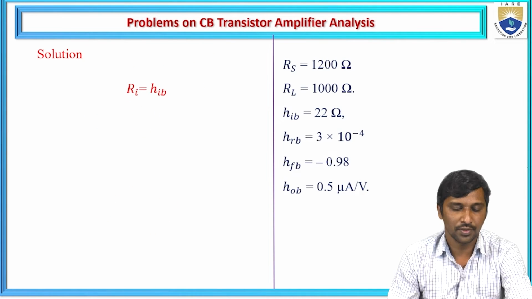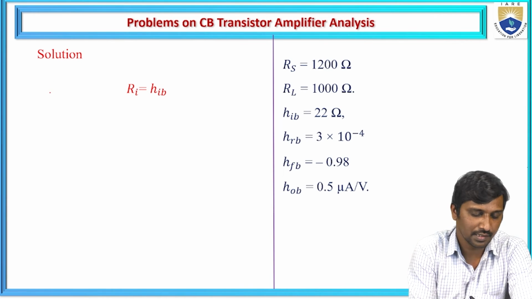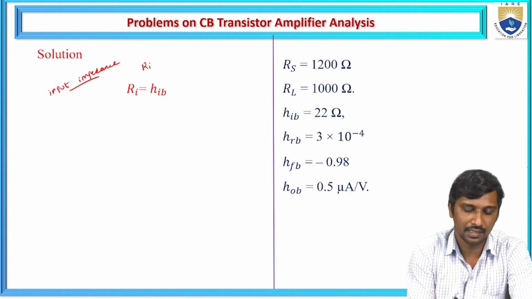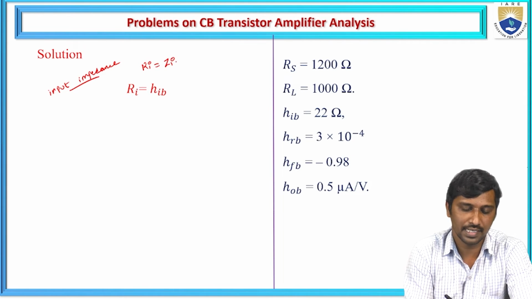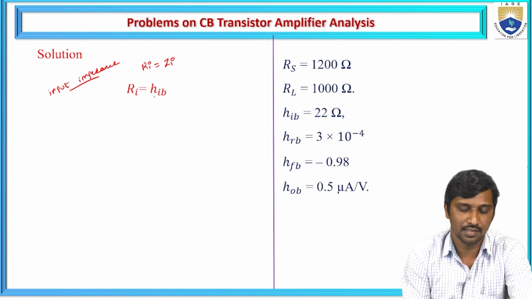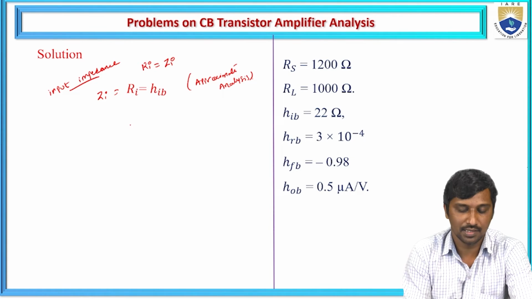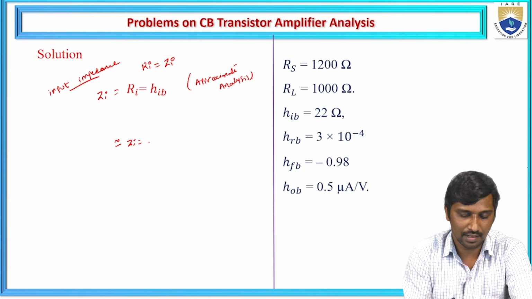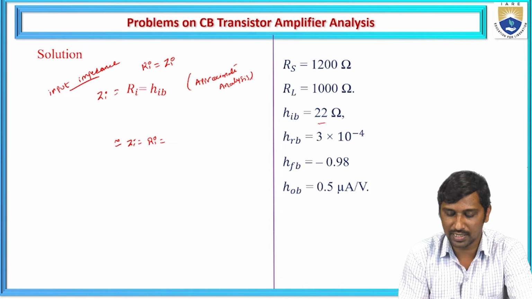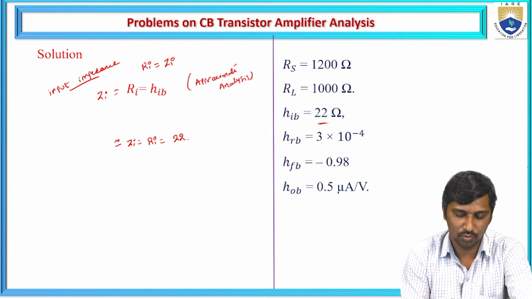Now we are going to calculate the input impedance. That input impedance is represented as Ri or Zi, and in approximate analysis, Ri or Zi is equal to HIB. From this representation, Zi or Ri is equal to the HIB value, 22 ohms.